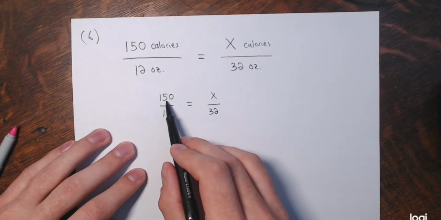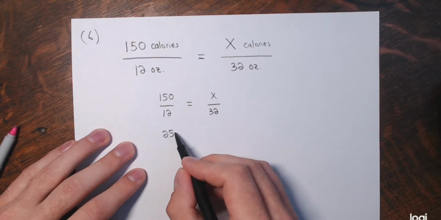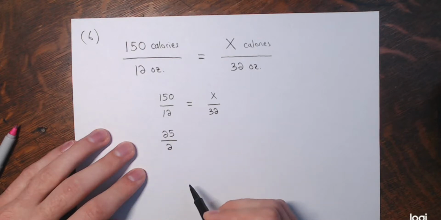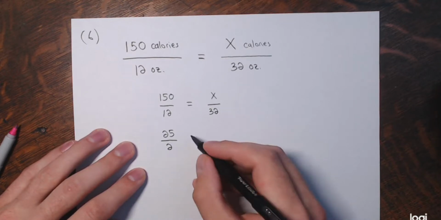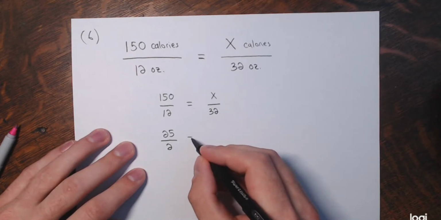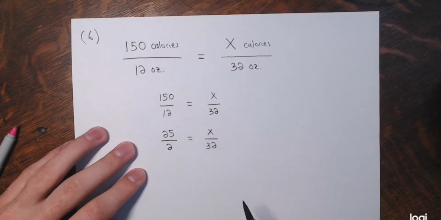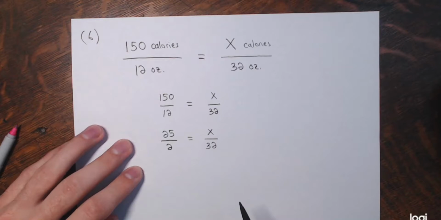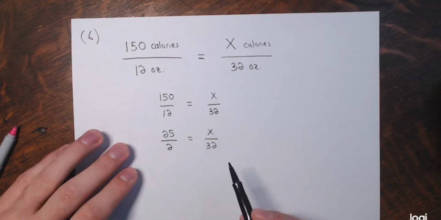This is 6 times 25, this is 6 times 2, so this reduces to 25 halves. 25 halves equals x over 32, and then multiply both sides by 32.